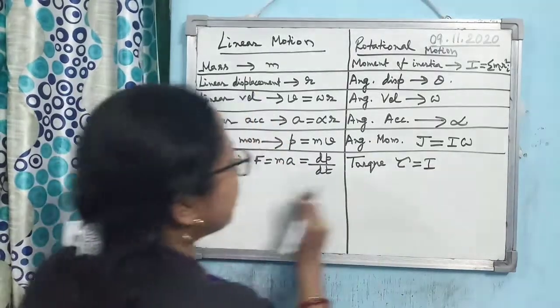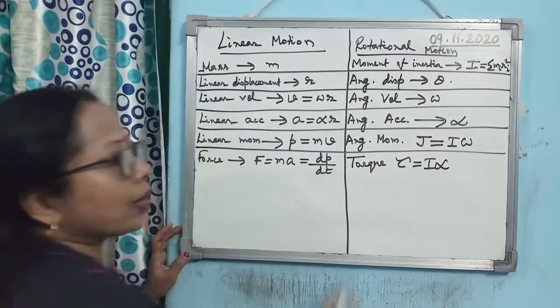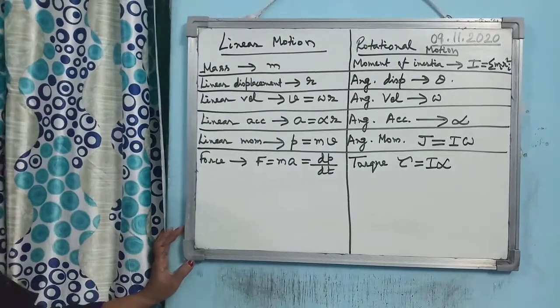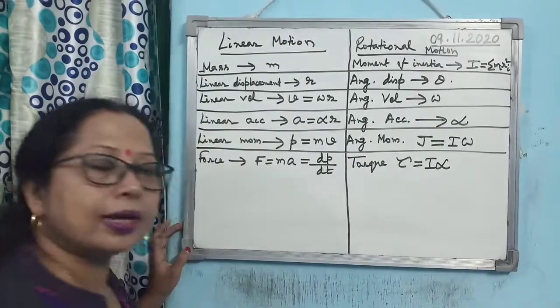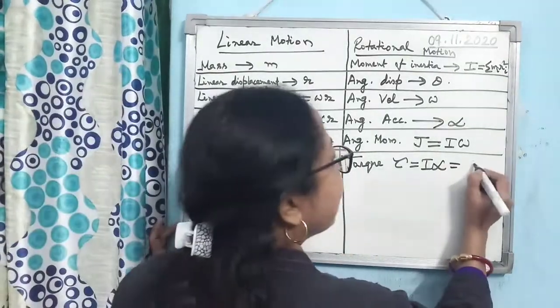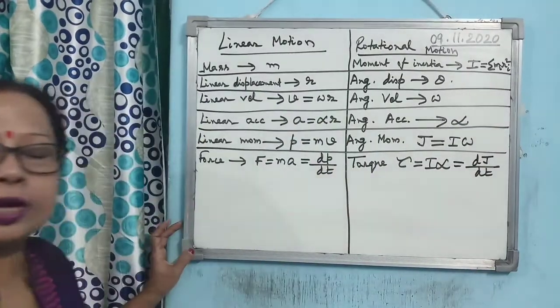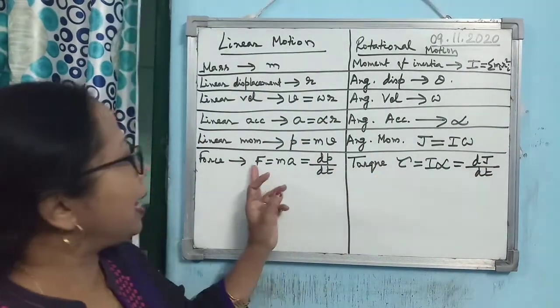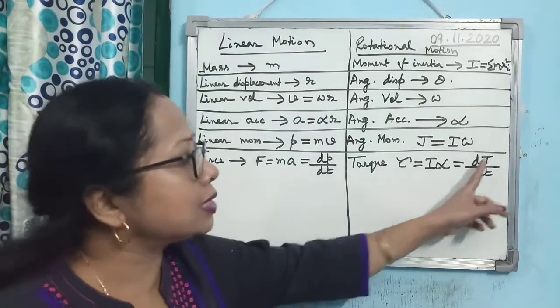I. What is the equivalent term of a? Alpha. So torque you can write as I into alpha. So without derivation, just by the comparison method also you can get the relation. Or you can write it as the rate of change of angular momentum. F is dp by dt. What is the equivalent of p? J. So tau is dJ by dt.